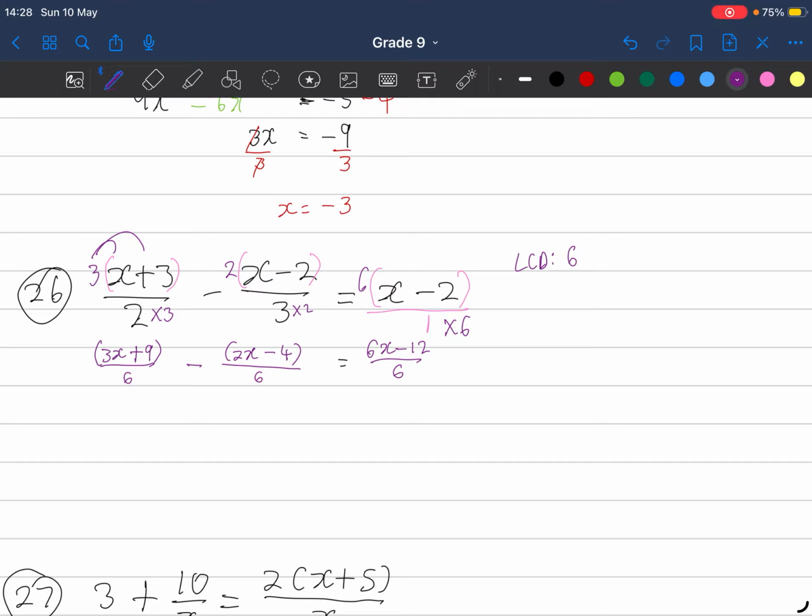Now eliminate the denominator by multiplying both sides by 6, and I'll be left with 3x plus 9 minus 2x minus 4 and 6x minus 12.